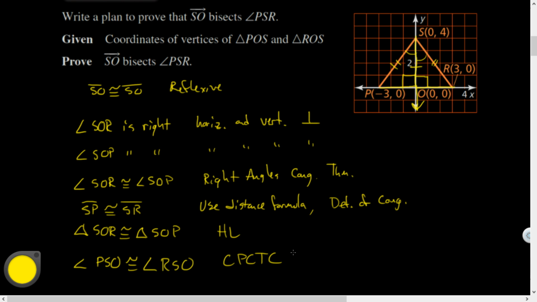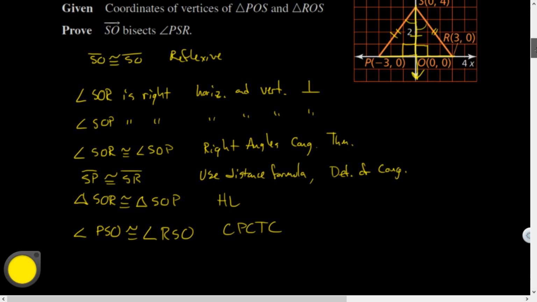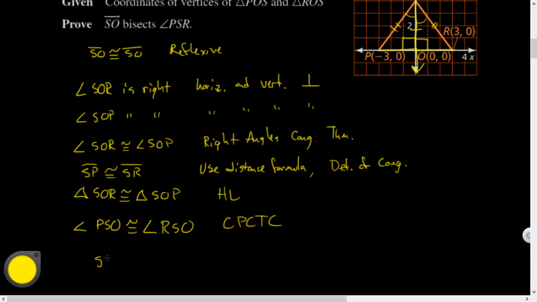One of the benefits of knowing triangles are congruent is I know that all of their corresponding parts are congruent. And then I could say that SO is a bisector, or SO bisects angle PSR. Pretty much like definition of angle bisector.